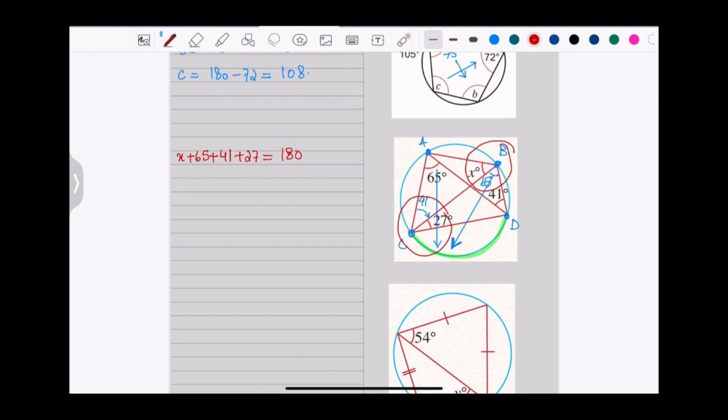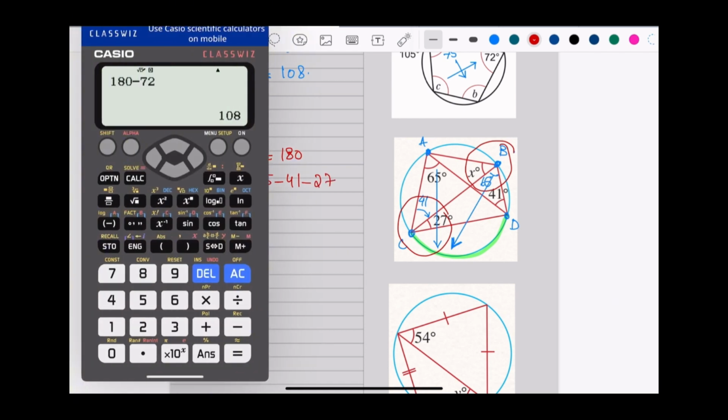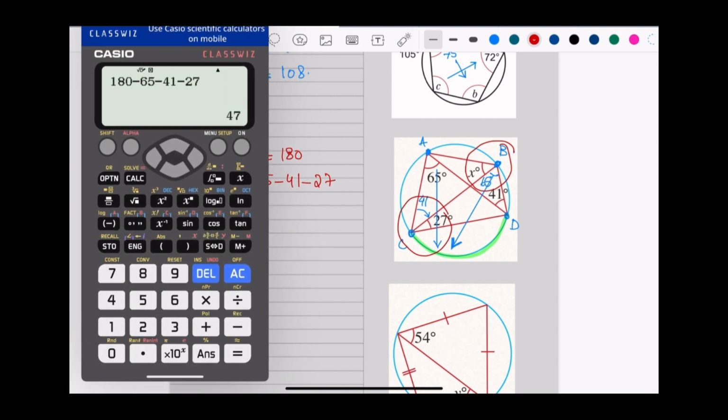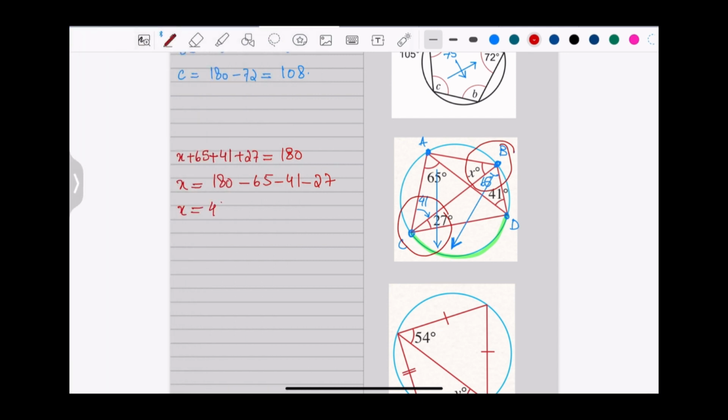So I'll subtract straight away 180 minus 65 minus 41 minus 27. So x is equal to 47.